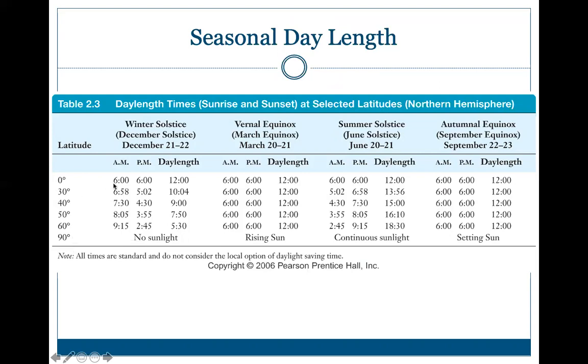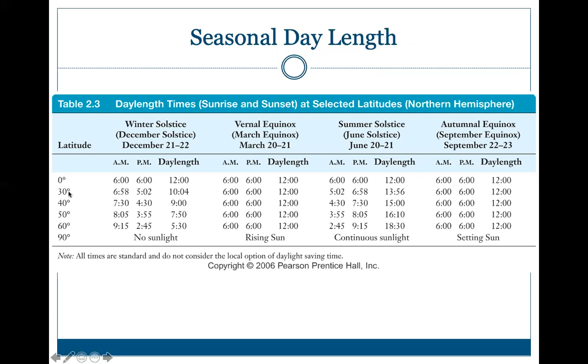We don't have to look at the equinox dates because every latitude on Earth is going to experience the same day pattern, 6 a.m. to 6 p.m., 12 hours of light per day. So we don't need to look at that chart. And we don't need to look at the equator because every day is the same there, the seasonless latitudes down at the low latitudes.